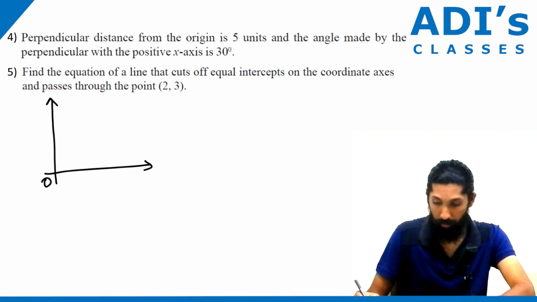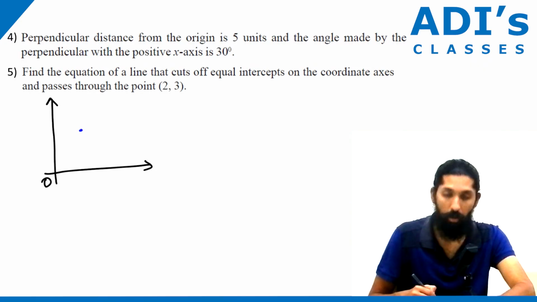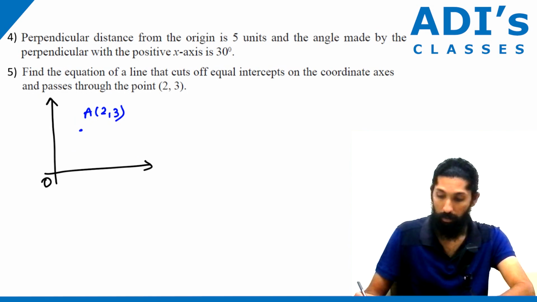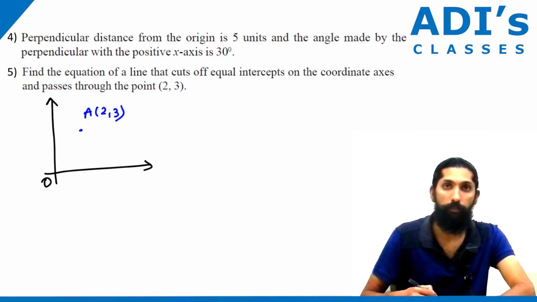So the point is 2, 3. Somewhere over here, this is 2, 3. Let's call this point A, which is 2, 3. Now what do we do? Now see, you have equal intercepts, isn't it? So we have equal intercepts, correct?